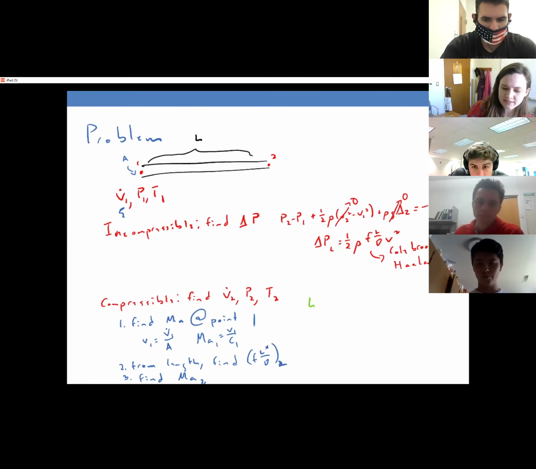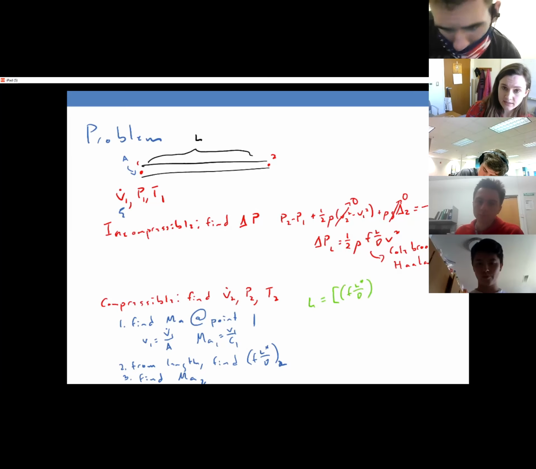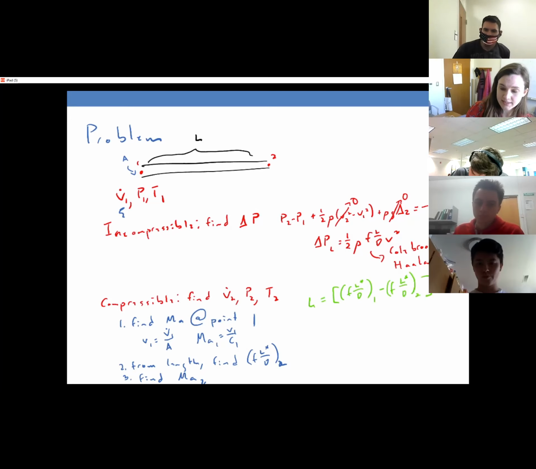On the other one, we said that the length is equal to F L star over D at 0.1 minus F L star over D at 0.2, times D over F. Once you find the Mach number at 0.1, you can find F L star over D at 0.1, right?